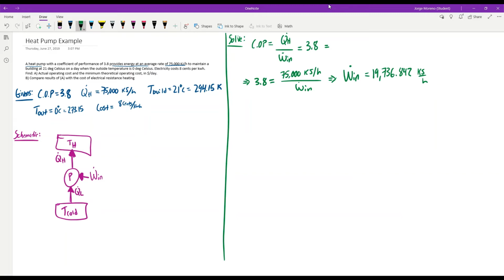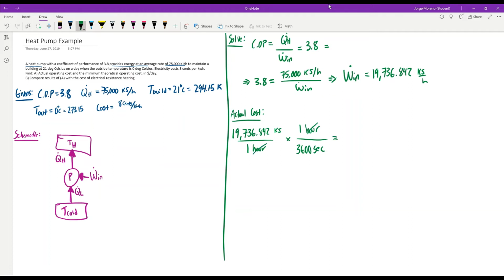Okay, so with this work input, now we can find the actual cost. So to find that, we know the work input is 19,736.842 kilojoules per hour. Okay, and just doing some dimensional analysis here, we know that 1 hour is equal to 3,600 seconds.